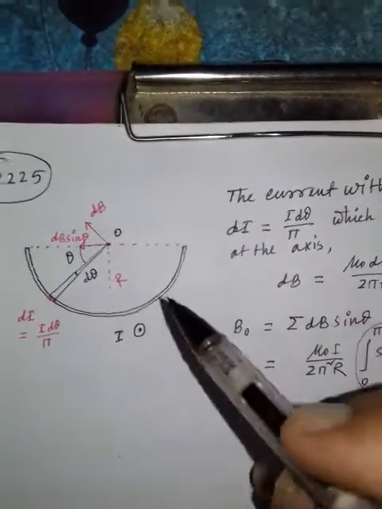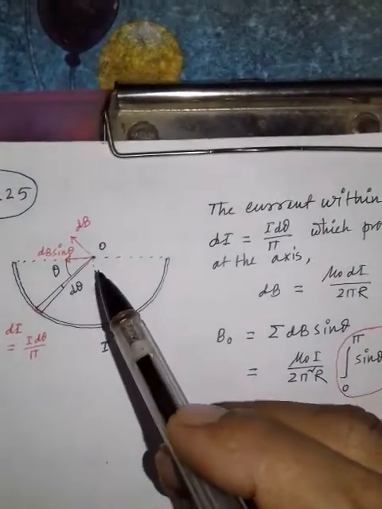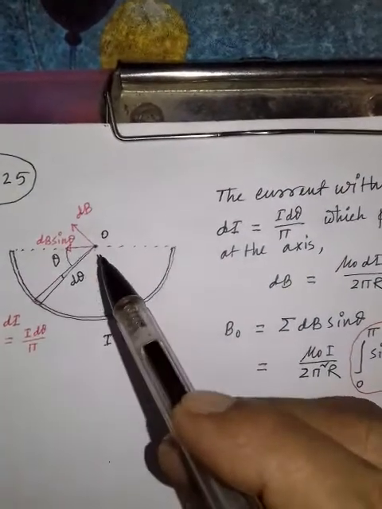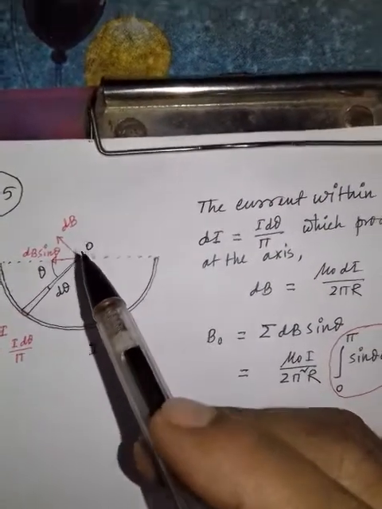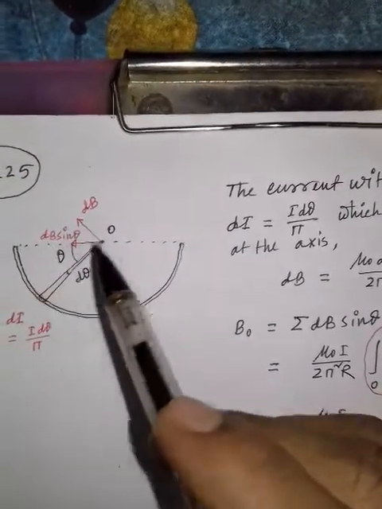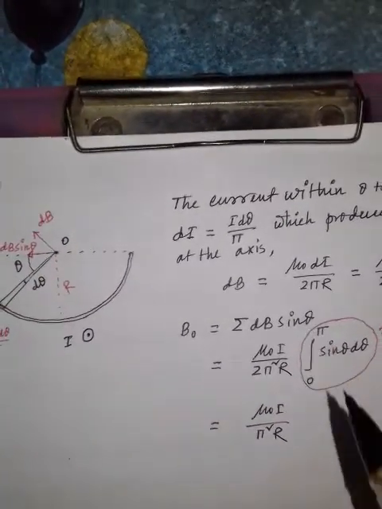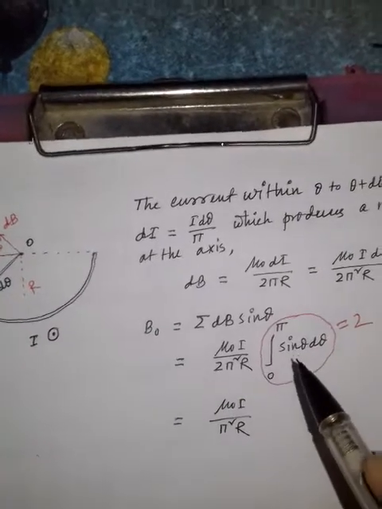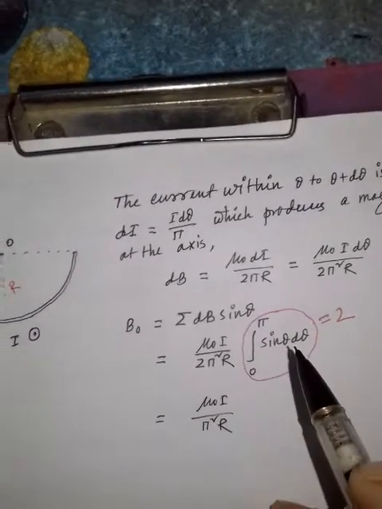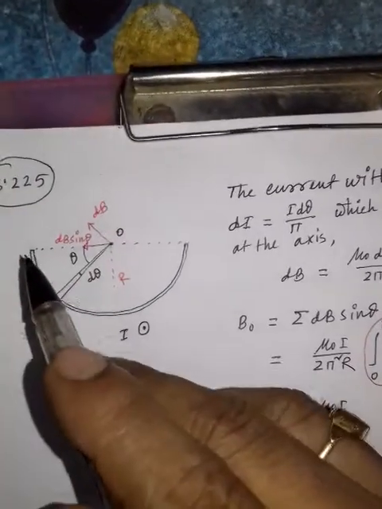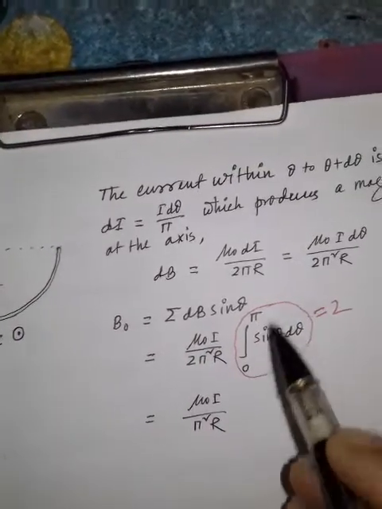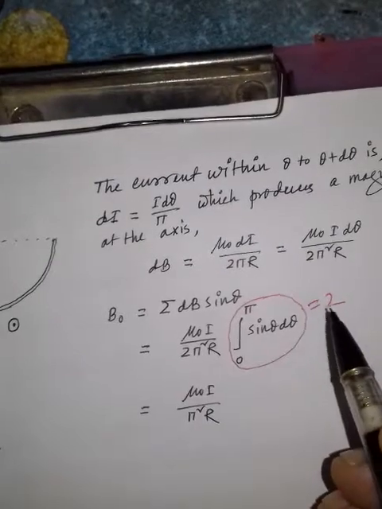So the resultant magnetic field of this conductor at an axial point must be the summation of dB sin theta. So the integration is very simple, you know it, and the limit would be 0 to pi. This integration has the value of 2.